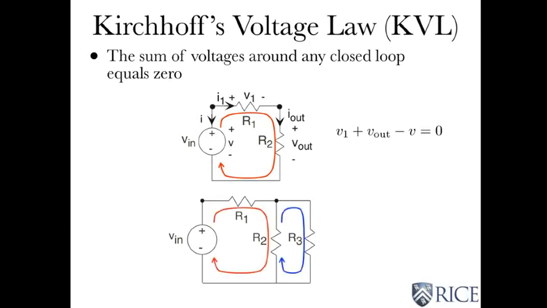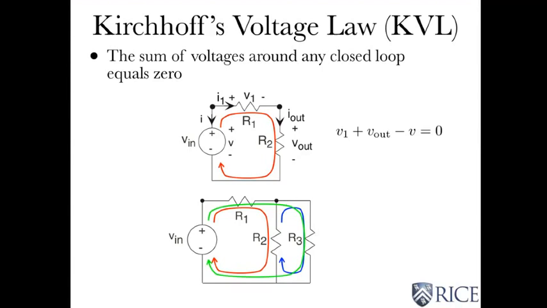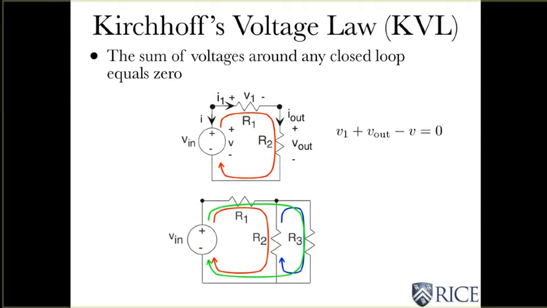Well, I get 1 loop involving the voltage source, R1 and R2, and I get another loop out here, that's surrounded by R2 and R3. However, I point out there's another loop, and that is the green loop. That's also there too. Well, it turns out the number of KVL equations you need is determined by how many open areas there are in the circuit.